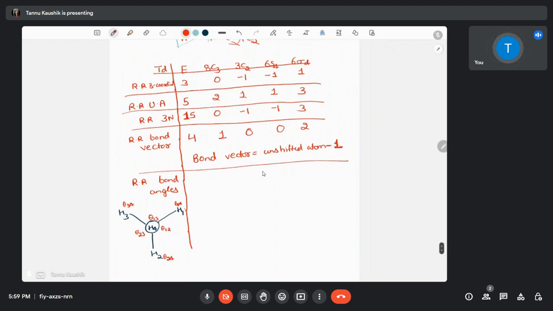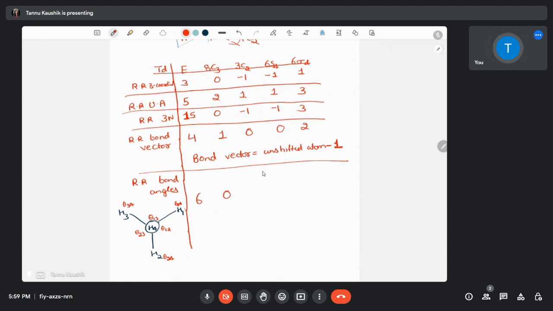So now if we apply these operations, how many angles do we have? We have six angles. So in the identity operation, these six angles will remain unchanged. And when we apply this C3 axis of rotation, no bond angle will remain unchanged because all of these atoms will be changing their position.